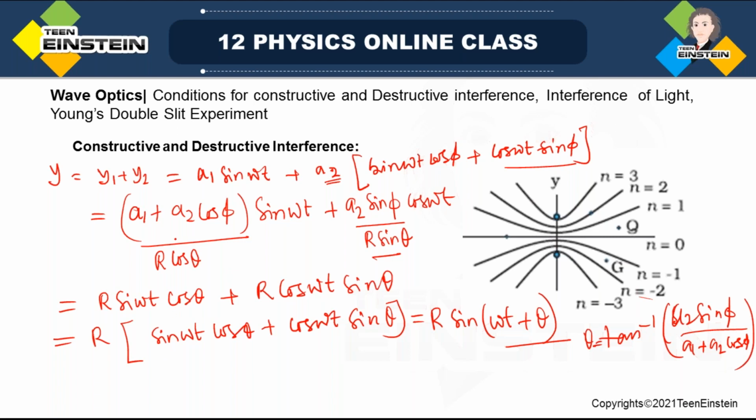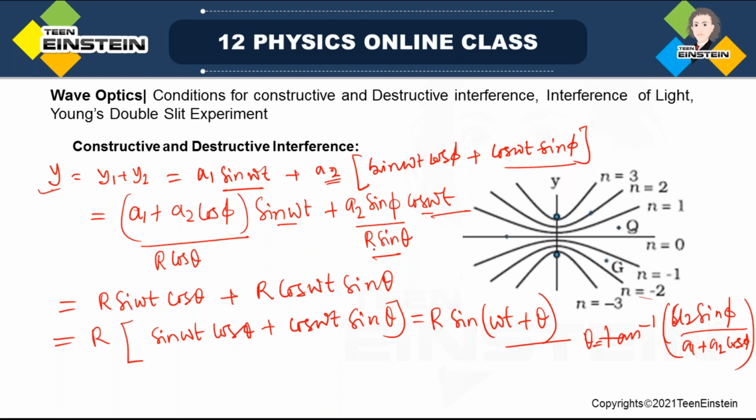What I'm trying to say is that after superposition we had got this expression, but this expression doesn't look like a single wave. You get sin omega t here and cos omega t there. So you have to make it a single sin omega t or cos omega t term.